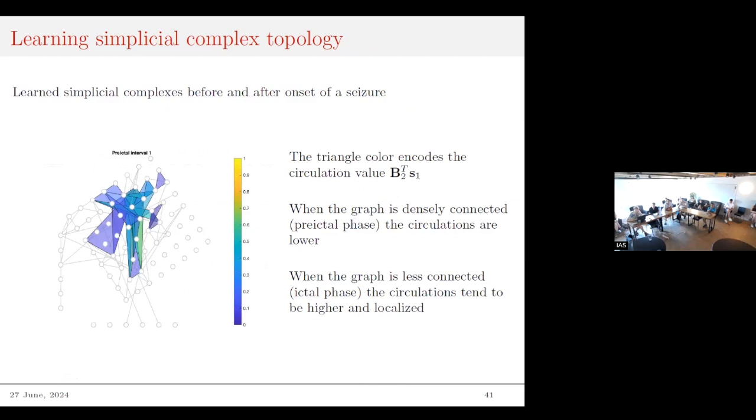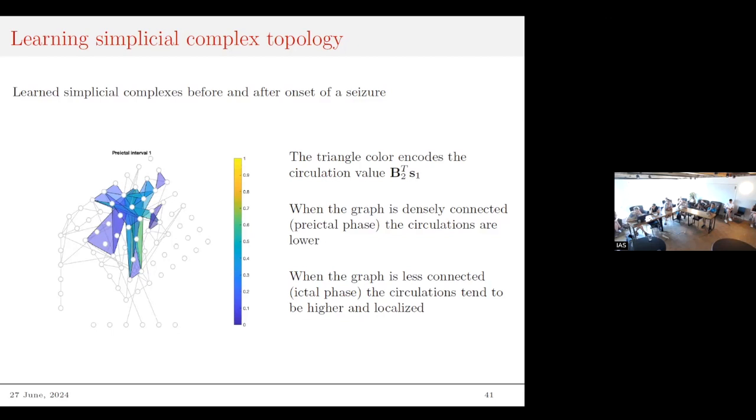In this figure, we have the learned simplicial complex before and after onset of the seizure. Of course, the graph is given. We have only to learn the simplicial complex by using the triangle signal according to the previous model.